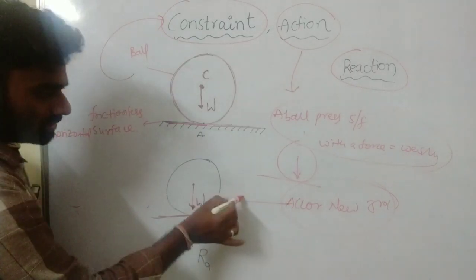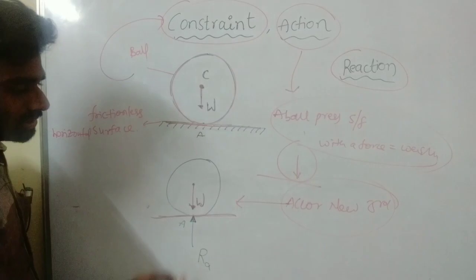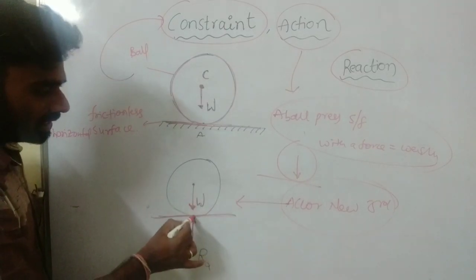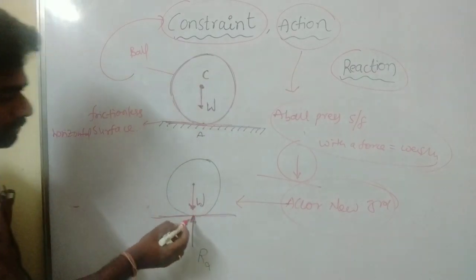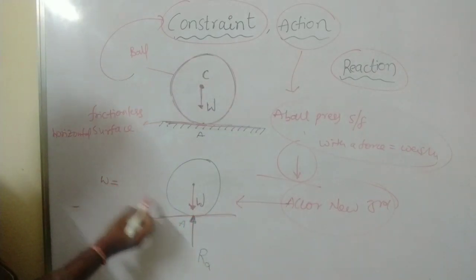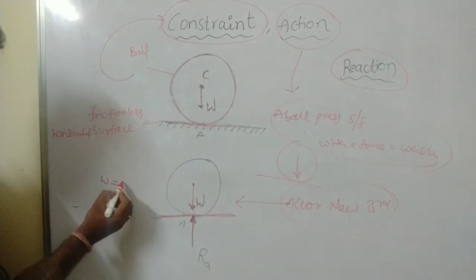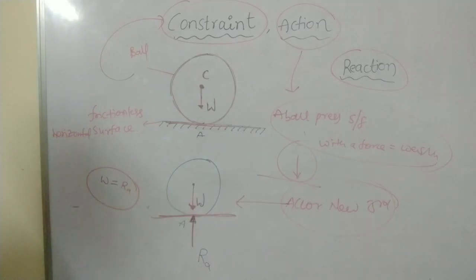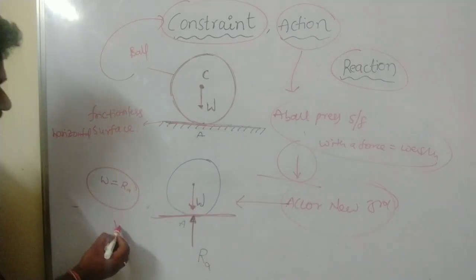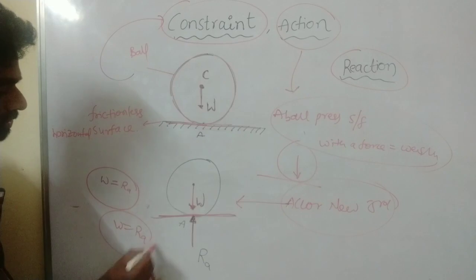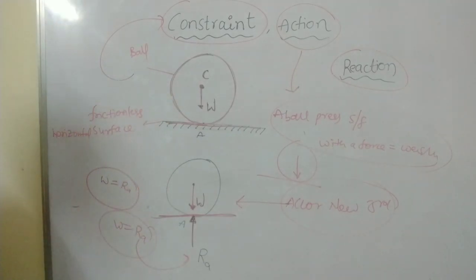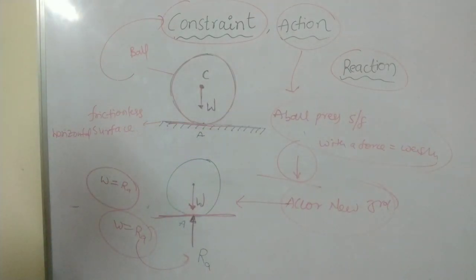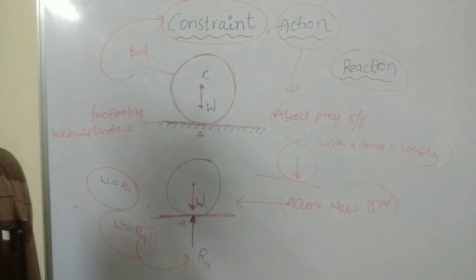So according to Newton's third law, since there is a force acting on the surface, there is an opposite force also acting on that surface. How much? W equals RA. This RA is known as the reaction. So these three definitions are also very important.